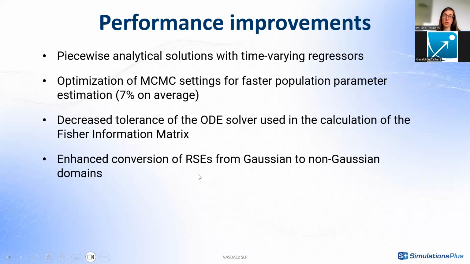So instead of the Jacobian approximation that tends to underestimate relative standard errors for highly nonlinear transformations and high relative standard errors, Monolix now uses an exact formula for log-normal parameters and numerical integration for logit and probit normal parameters, so the values are more precise.